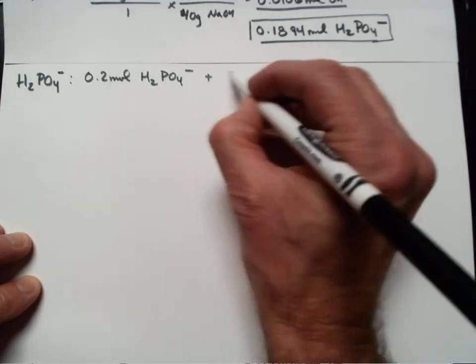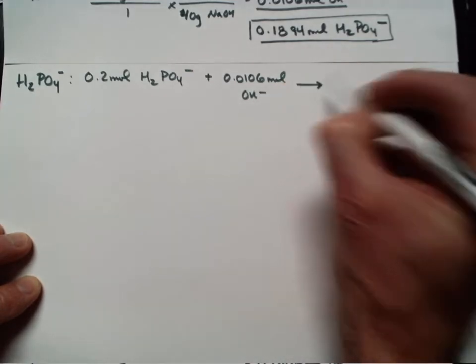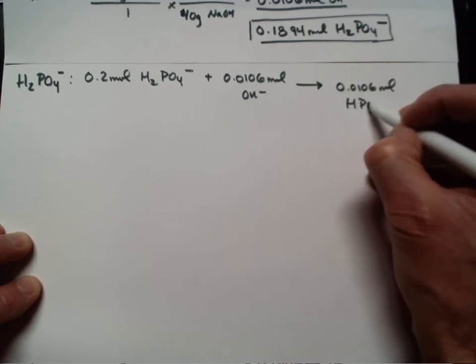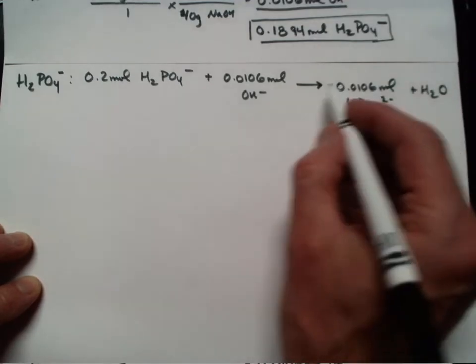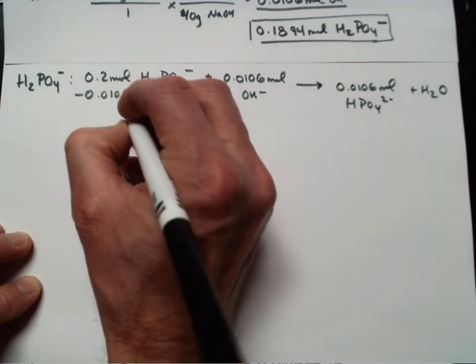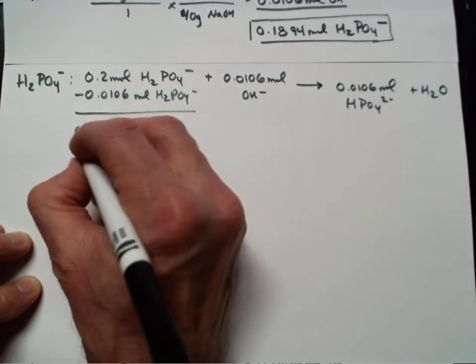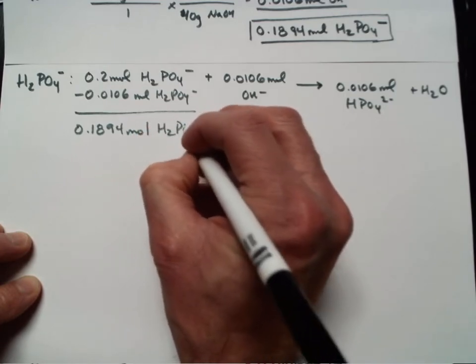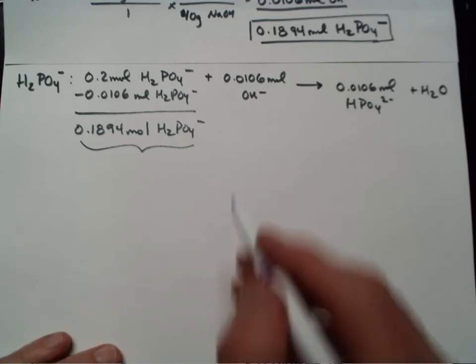This reacted with 0.0106 moles of hydroxide, and that would produce 0.0106 moles of hydrogen phosphate, of course in water. So we lost 0.0106 moles of dihydrogen phosphate, which means we have 0.1894 moles of dihydrogen phosphate left over. This is my acid form. Pen's running out of ink. Let's use this one. All of this reacted.